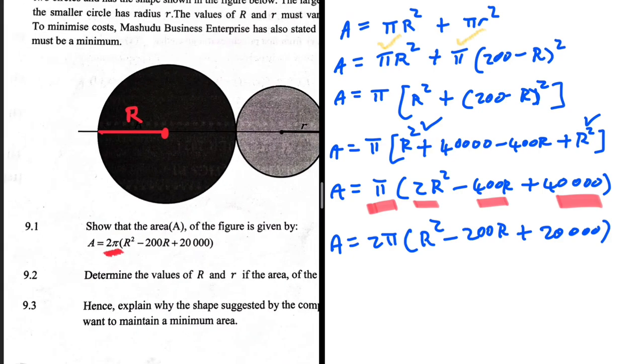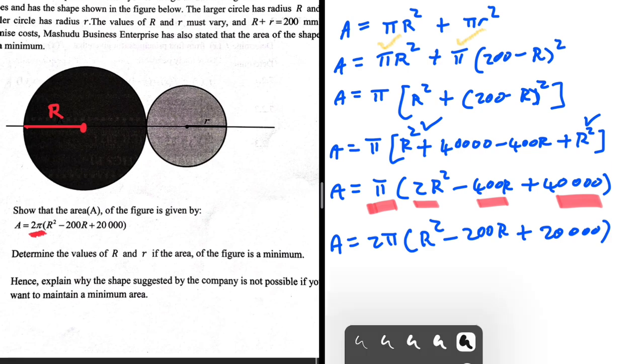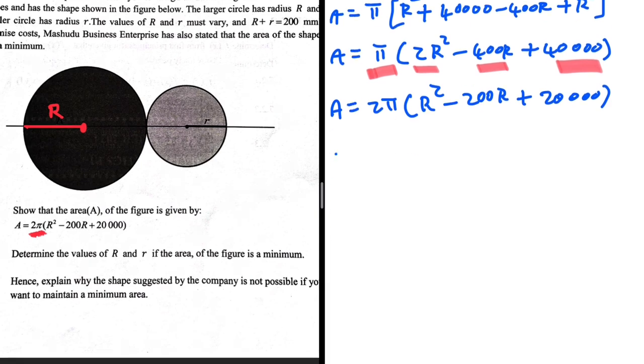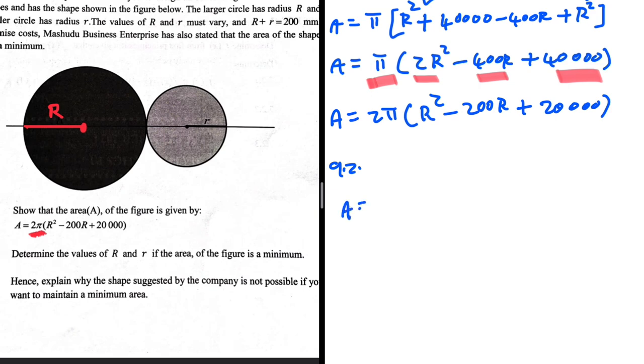So here we go. 9.1 done, let's take a look at 9.2. 9.2 says let's determine the values of capital letter R and small letter r if the area of the figure is a minimum. So the area is 2 pi times R squared minus 200R plus 20,000.